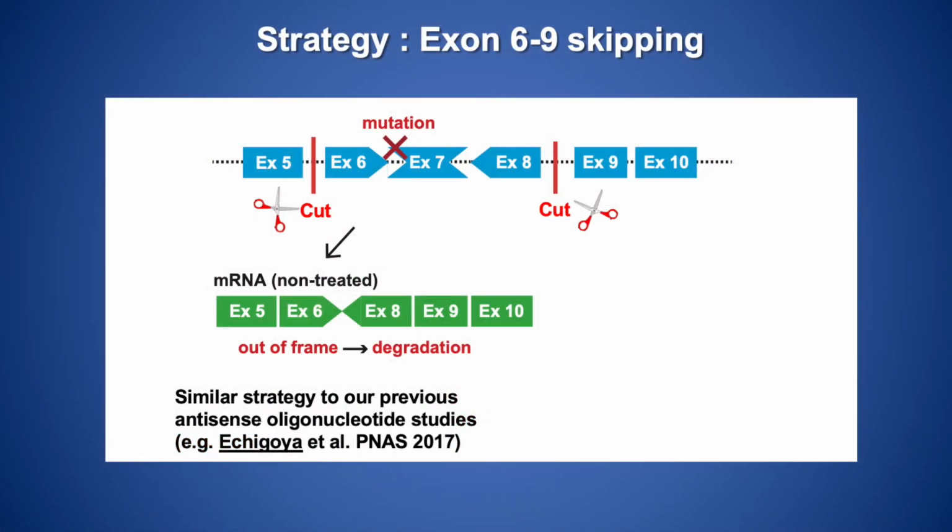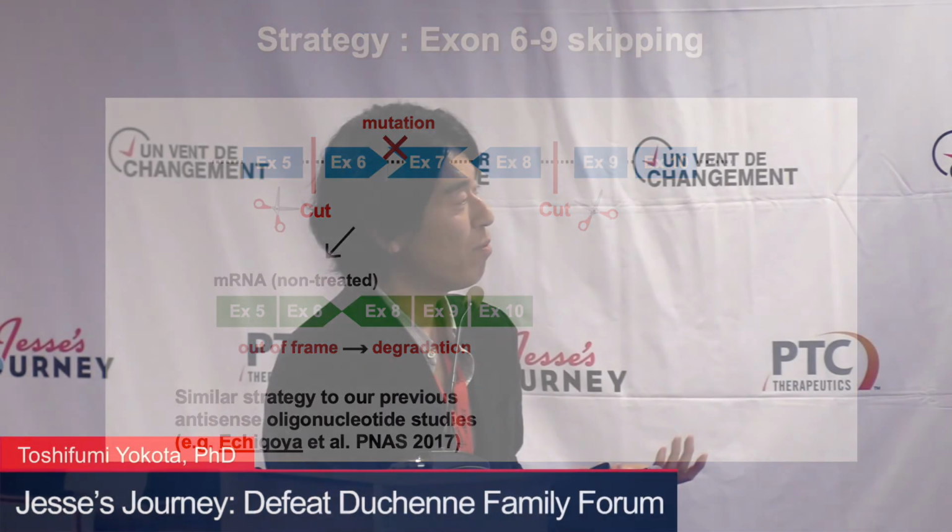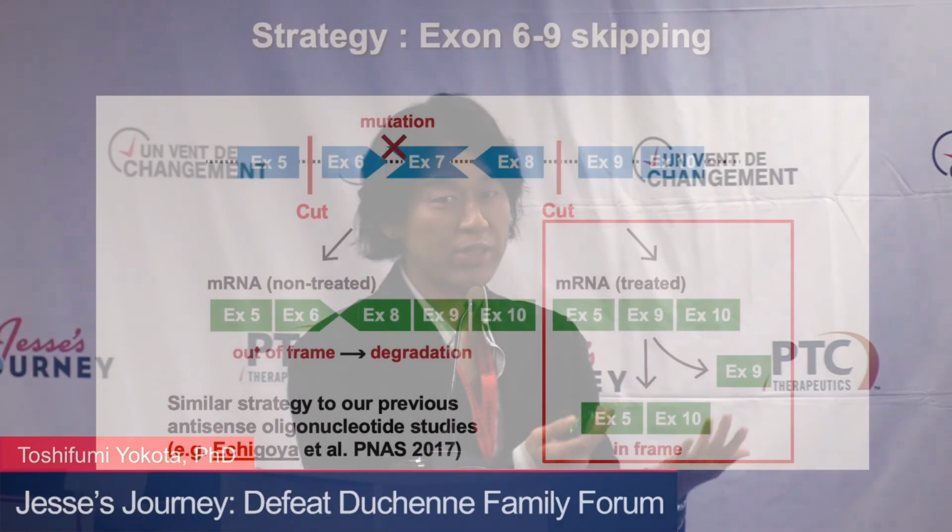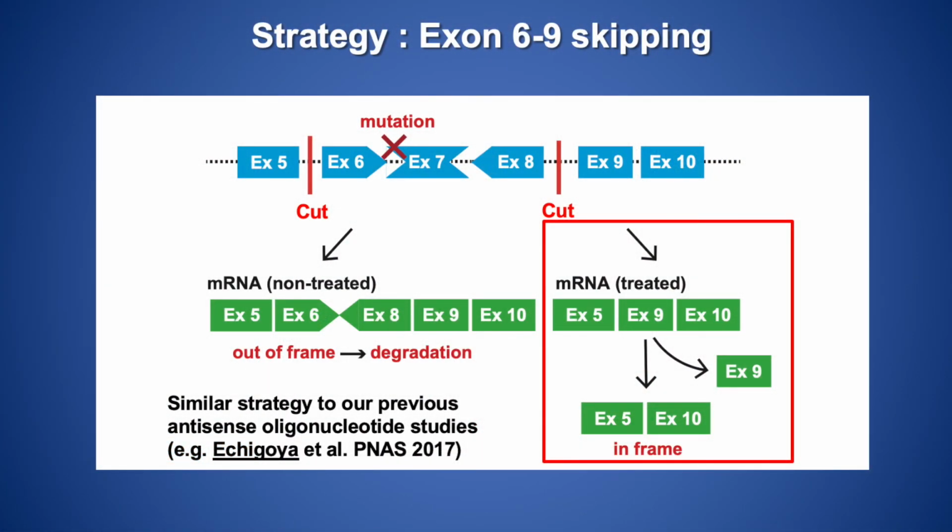And we also use a dog model, but our dog model has a mutation that's actually a splice site in intron 6. So it's within the N-terminal mutation hotspot. The Texas group used a dog model in the C-terminal hotspot, but we use a dog model with the N-terminal hotspot. So the site of the mutation is different. And we can use CRISPR-Cas9 to cut out intron 5 and intron 8.